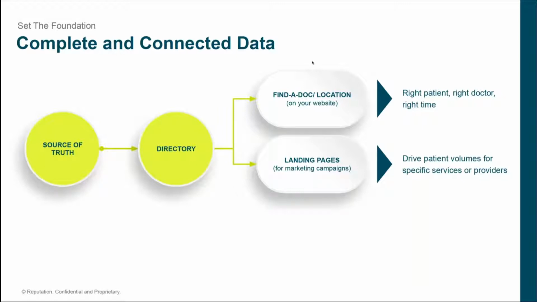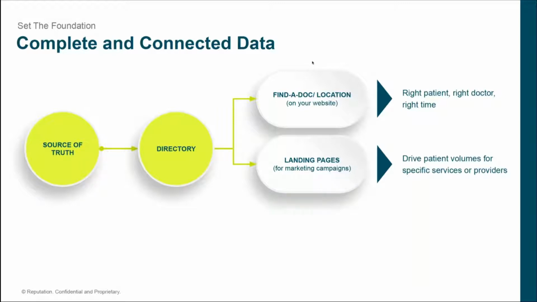The other way to use this directory data that you would manage at scale is to drive people to landing pages. So for example, you've got this beautiful landing page that you created. Maybe you've dropped in an HRA, you've got some specialties listed, maybe some great promotional videos, but how do you make sure that those patients can actually convert with providers that have availability and providers that are part of that specialty?